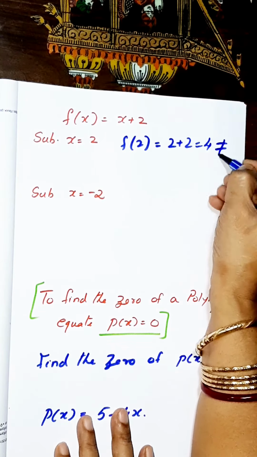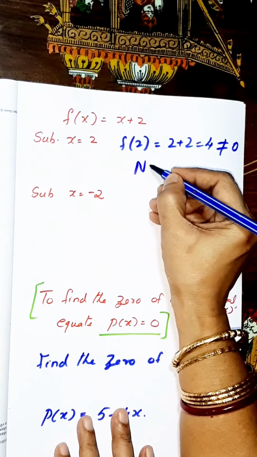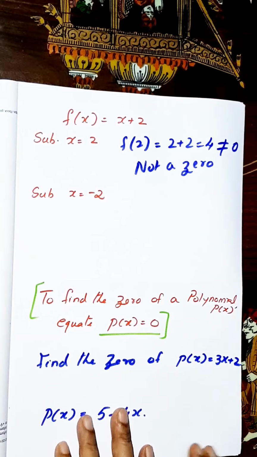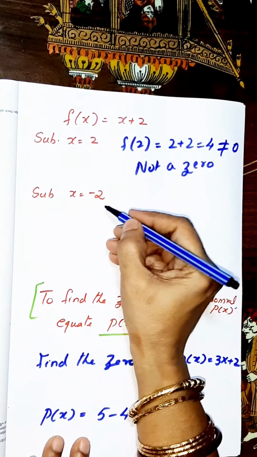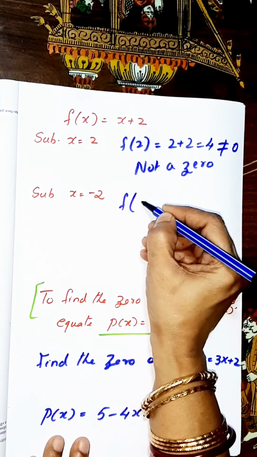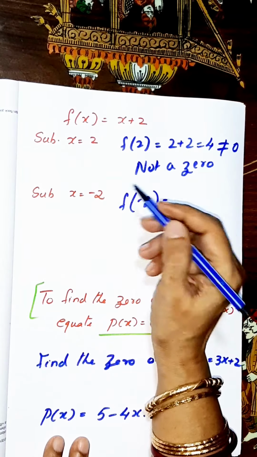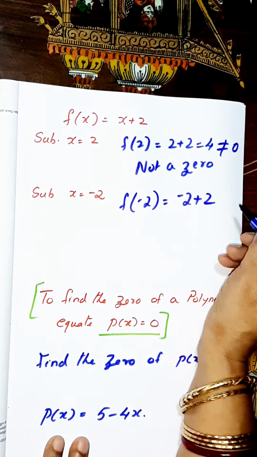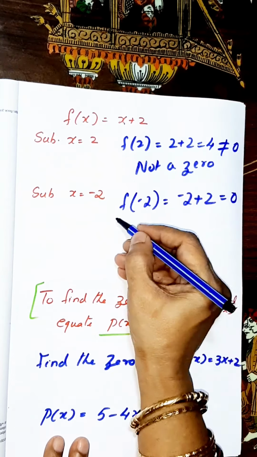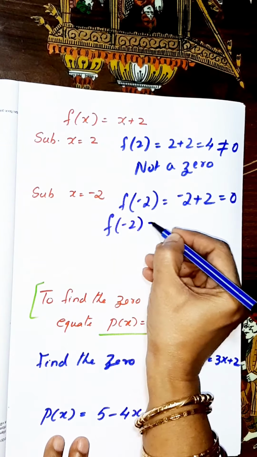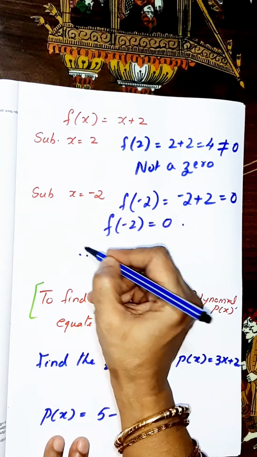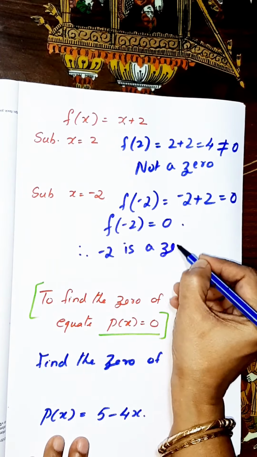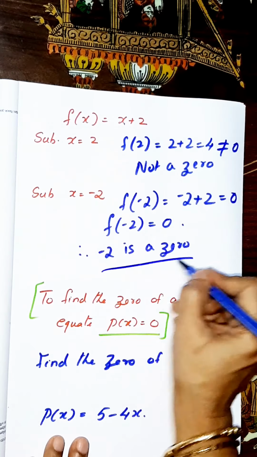So, not equal to 0, so it is not a zero. Now, f(minus 2): we substitute minus 2 in the place of x, minus 2 plus 2, equal to 0. Now you are getting f(minus 2) equal to 0. Therefore, minus 2 is a zero of the polynomial.